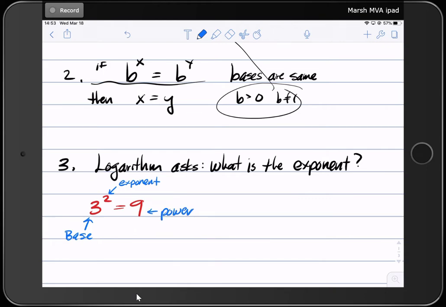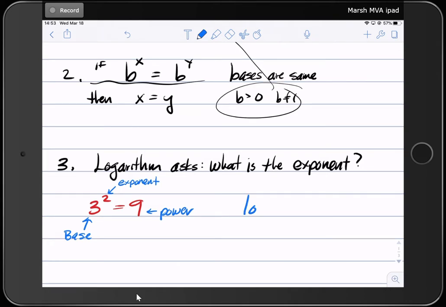And I'll admit, sometimes there's some sloppy vocabulary going on. Sometimes the 2 itself is called the power, but no, the answer to the exponent is called the power. So you would say that 9 is the second power of 3, but the subject of the sentence is 9. 9 is the power. If we were to rewrite that as a logarithm, we would say log base 3 of 9 is equal to 2.